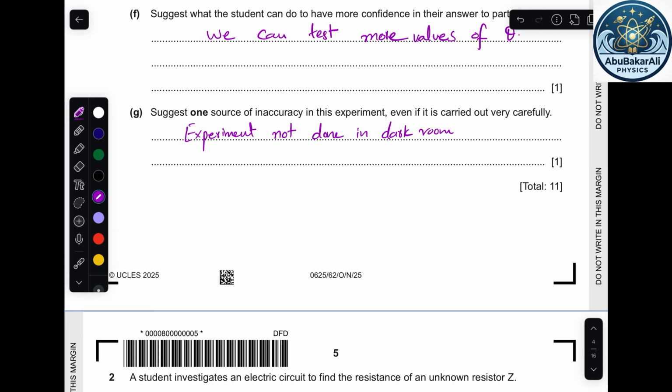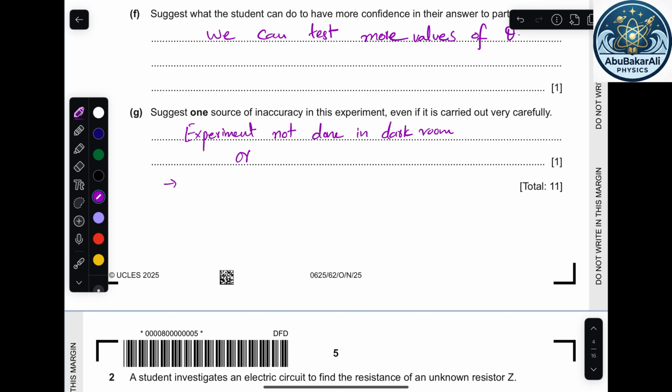Or you can say, as we were measuring the angle of reflection, if you remember what was the case, theta and R were measured, right? R was the ratio of the two distances.